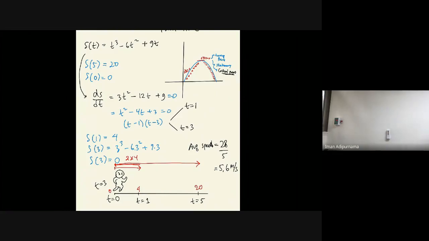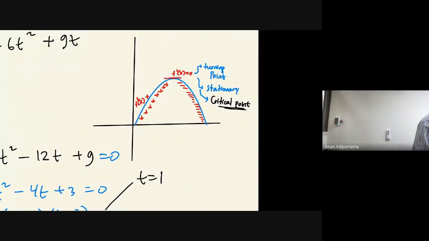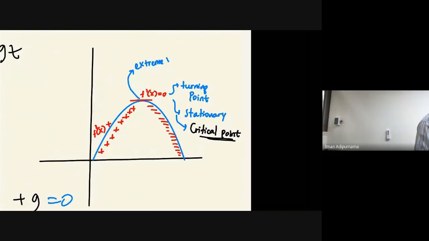This is what you already learned in physics, right? So this is just a reminder from physics, and also a guide for our gradient. At this point, we call this the extreme value. The extreme value depends on the function.